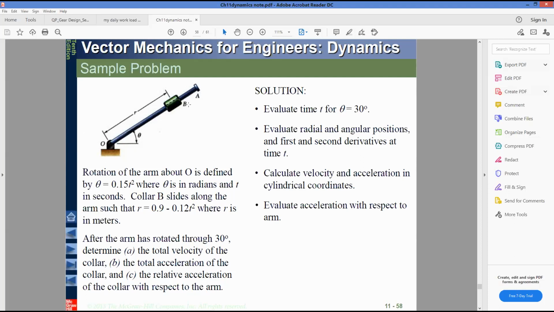The collar B slides along the arm with R equal to 0.9 minus 0.12 t square, where R is in meters.